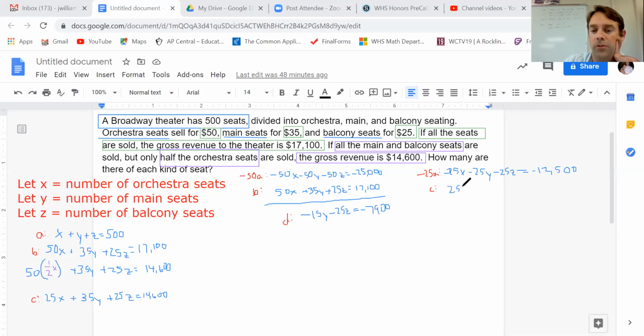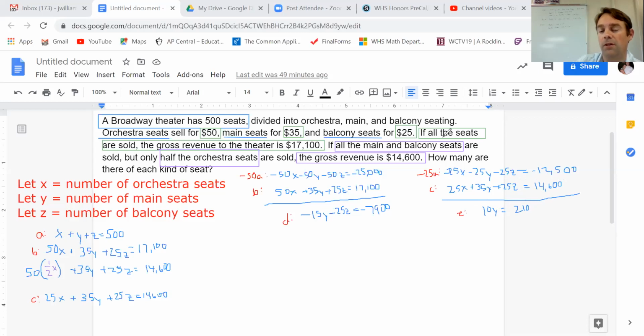Oh, this is going to be kind of interesting. You hopefully saw the same thing. The z's are going to cancel out, and the x's too. This just made this problem a whole lot easier. And I have 10y equals 2,100. Well, friends, turns out that's my E equation.